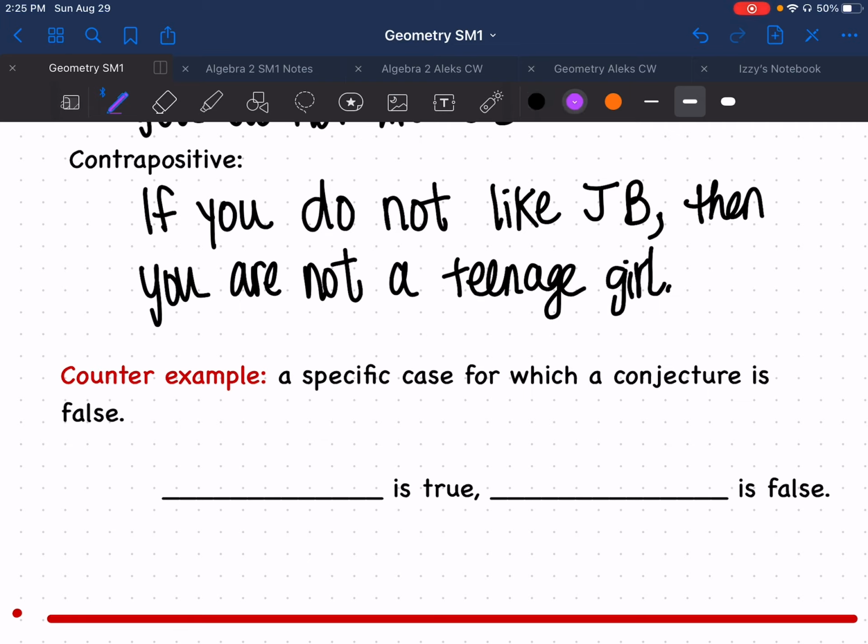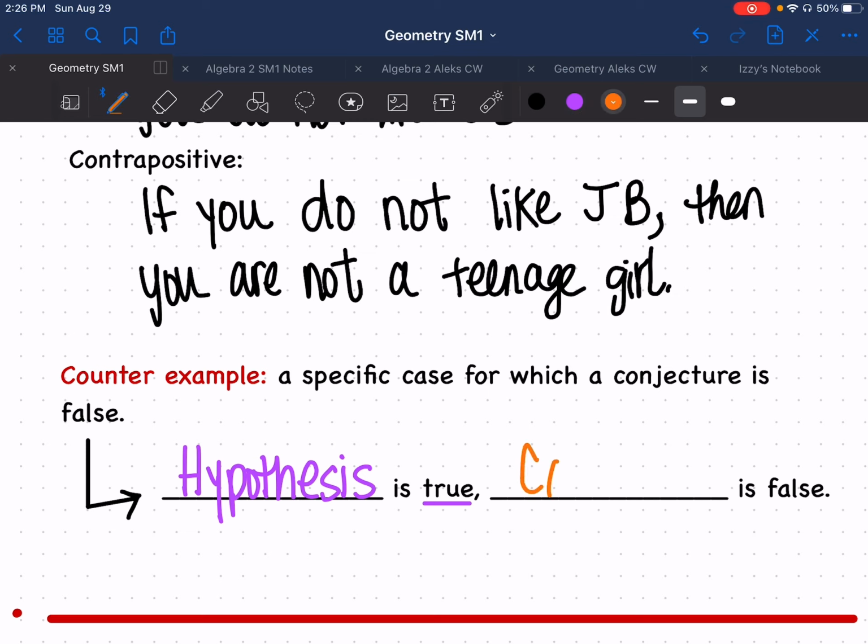Now, one thing that must stay true for something to be a counterexample: the hypothesis has to be true. The hypothesis has to stay true.